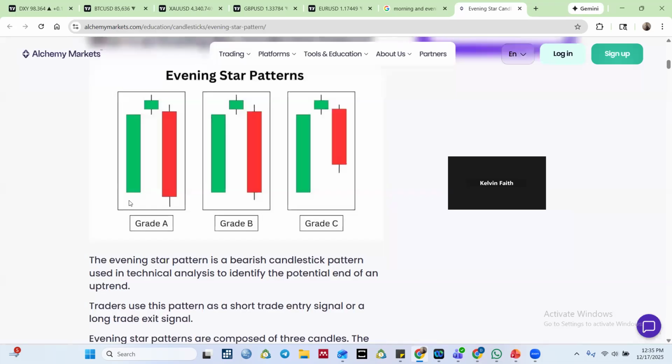In a bullish market, you see one big green candle, and then you see a small either green or red candle.